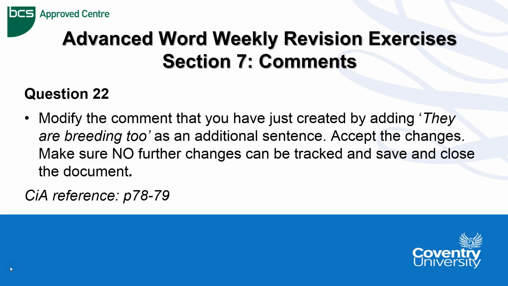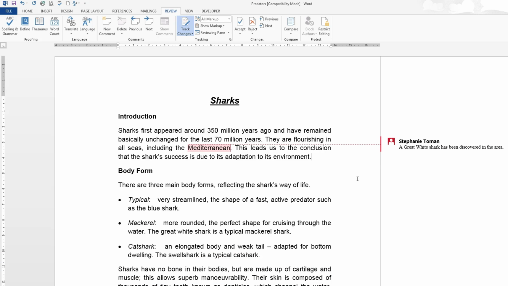So, like I said, any help that you need, remember we always refer to the manual, pages 78 to 79. So let's do this question. So we are continuing from question 21, where we created this comment and we turned on track changes, and that's still on, as you can see there.